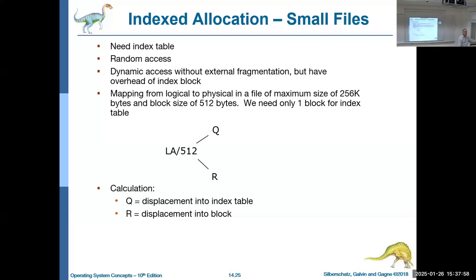A half of 512, what's a half of 512? 256. Yeah. Check: how many blocks of 512 bytes do you need to fit in a file of 256K? That's the question. 512. Yeah, exactly, you need 512 blocks, so each block needs one row of the index table, and it's 512 rows.